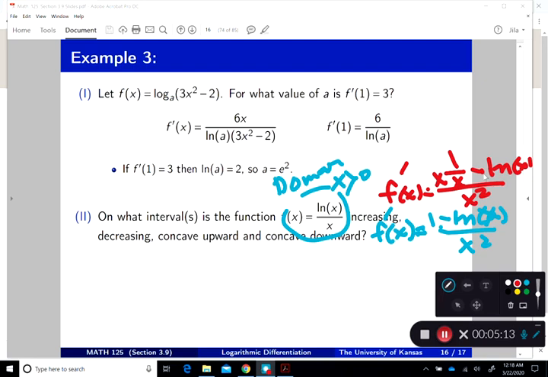Again, this is an inequality. When it's positive, it means increasing. When it's negative, it means decreasing.